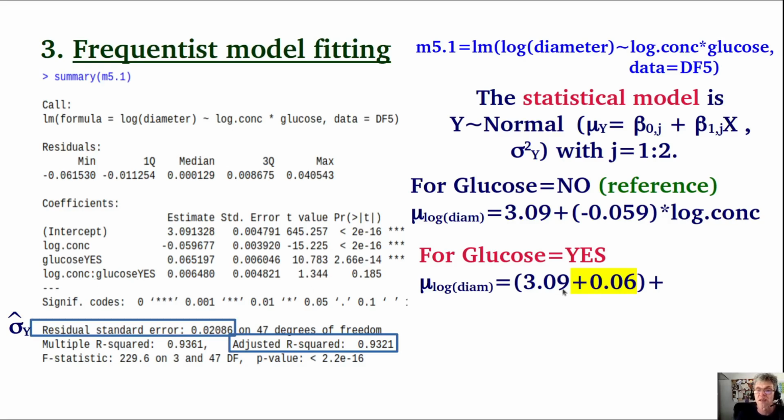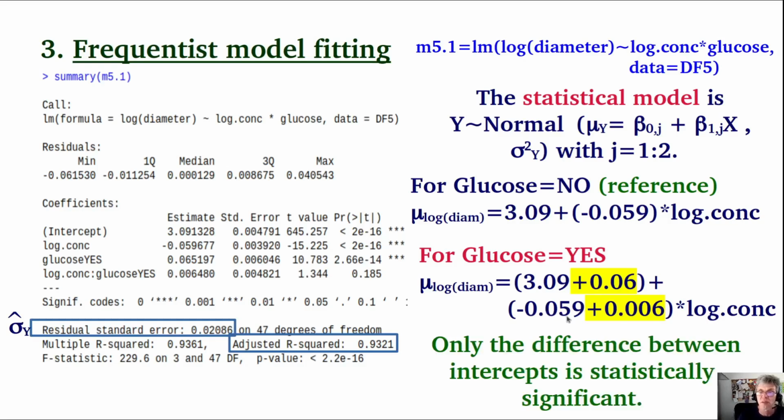So here we have the equation for glucose no, and here we have the equation for glucose yes, for which we need to add the differential of intercepts to the intercept of the reference level, and we need to add the differential of slopes to the slope of the reference level in order to obtain the equation for the other group.